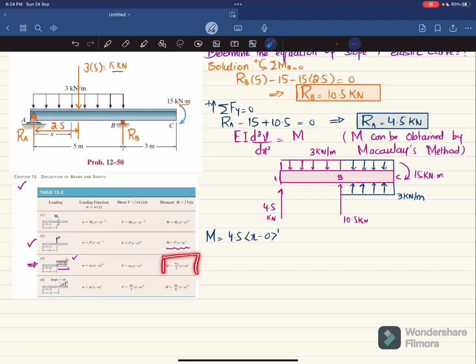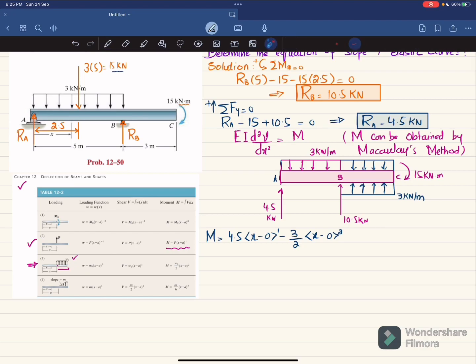So its function will be this one, and you can see this load is downward, and here the distributed load is upward, so the moment is positive. So here we will take the negative because it is downward. So w naught, which is 3 kilonewton per meter, so 3 over 2 into x minus a, where a is 0, because this load starts from end A. So x minus 0 power 2.